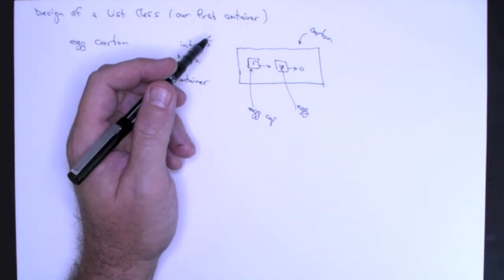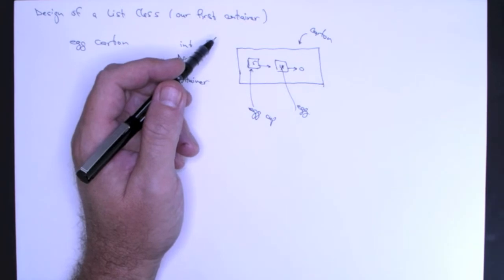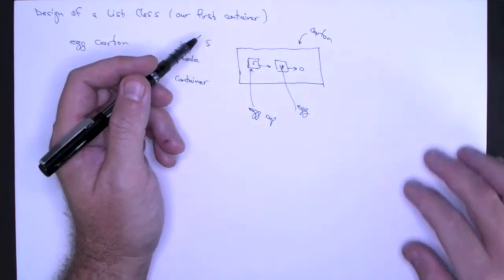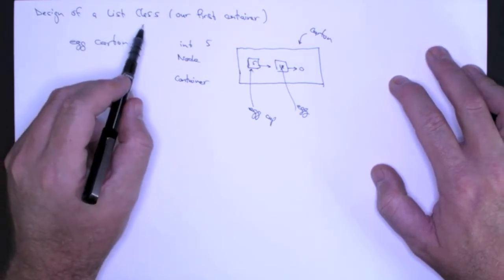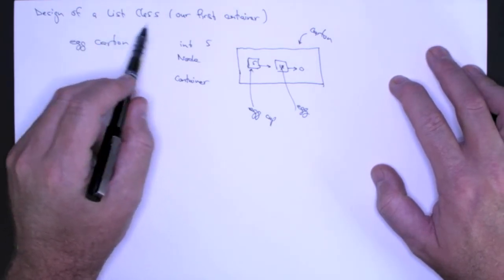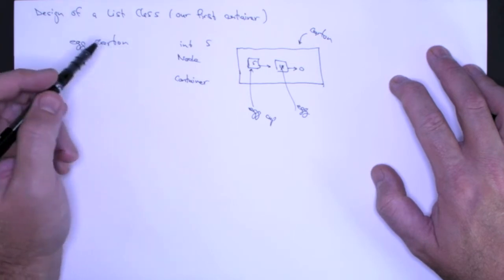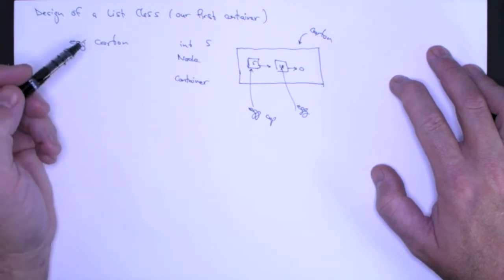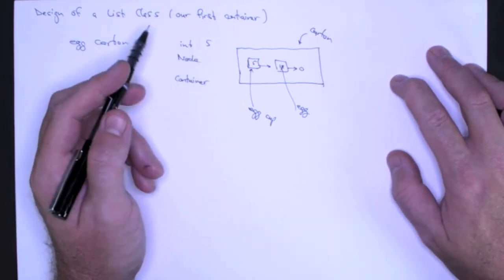We'll get to templates in the second semester, and that lets us store any objects in our list. Right now we're going to create a list of integers, so our list is going to be object specific. Templates let us write containers that are not specific to any object.